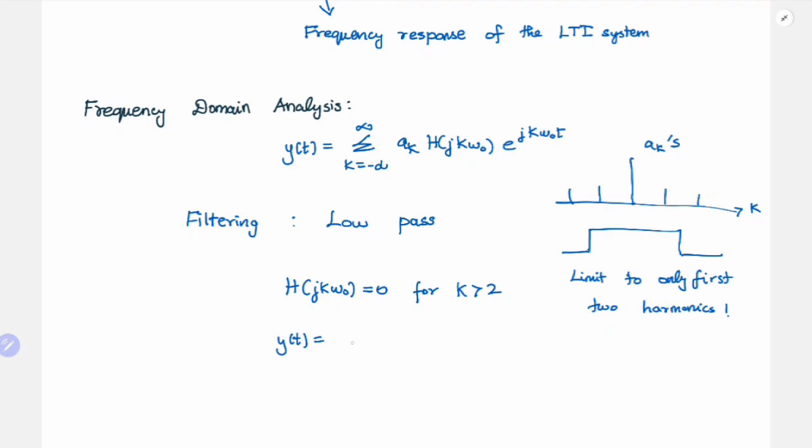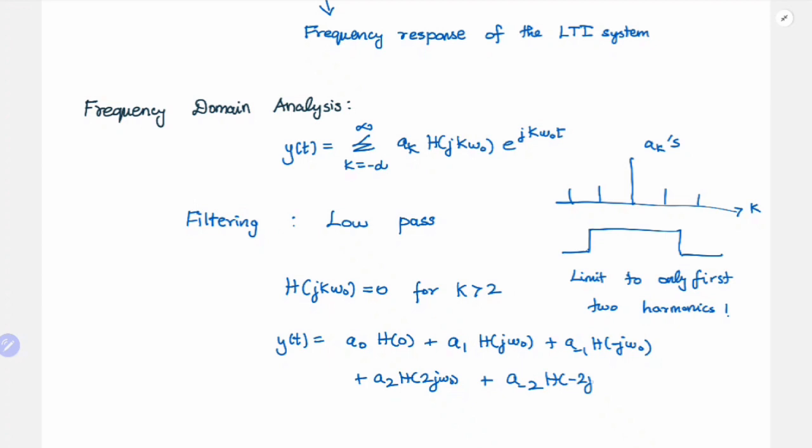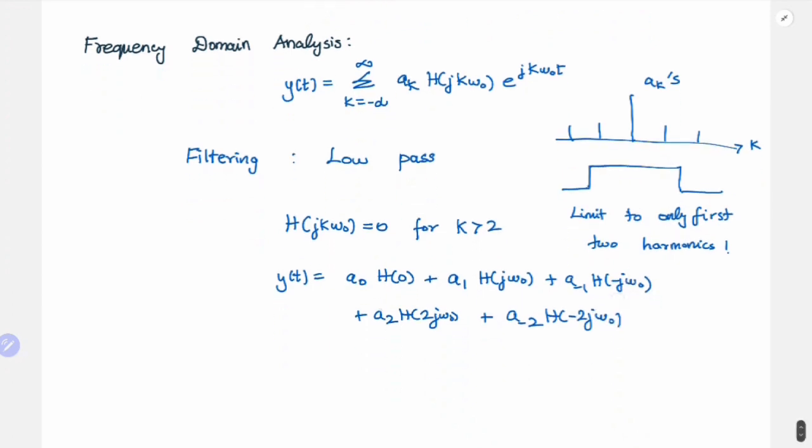Then y of t will be nothing but a0 h of 0 plus a1 h of j omega naught plus a minus 1 h of minus j omega naught plus a2 h of 2j omega naught plus a minus 2 h of minus 2j omega naught. So we can see only the first two harmonics plus the DC term are available for us.